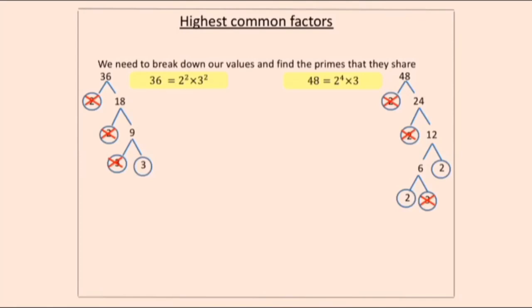For 3 we have 1 pair, for 2 we have 2 pairs, so that means we'll add 2 2's and 1 3. The remaining numbers will not be considered because there is no pair or match for them. So they both share 2 2 3. That means for the highest common factor, we just multiply the primes that are shared between them, and we'll get our answer as 12.